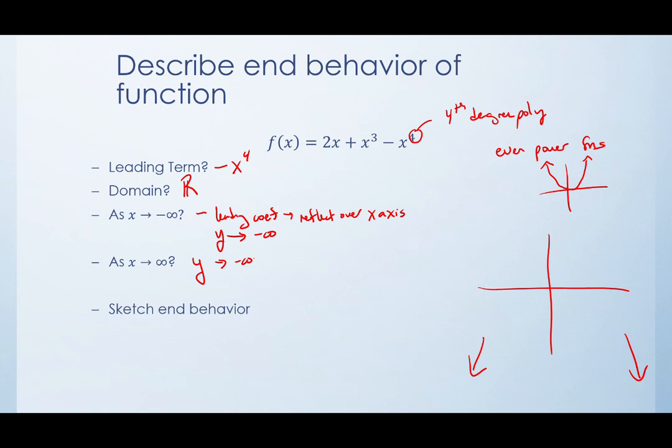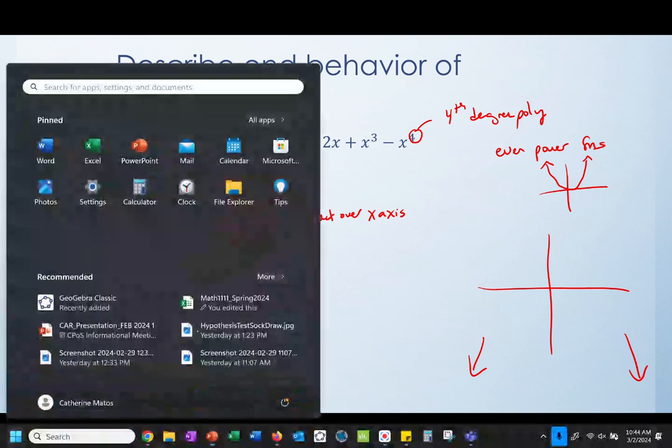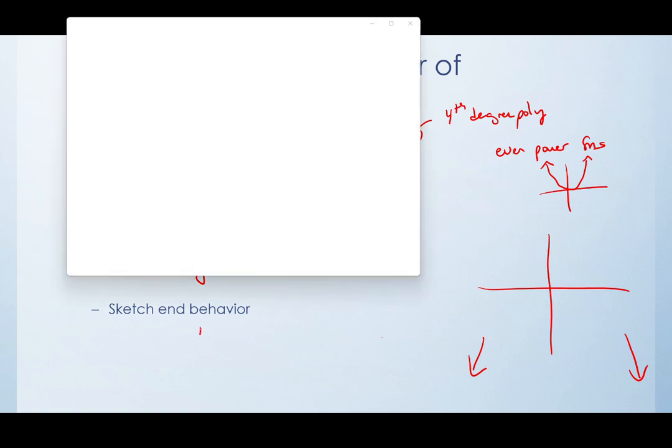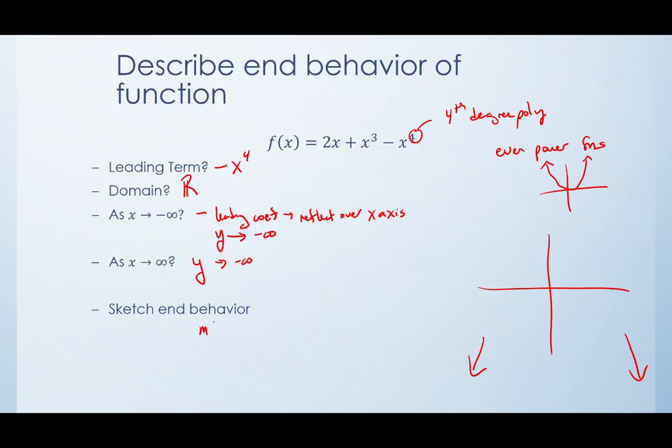And to sketch end behavior, well, I already did that, but we know we have a max of 4 zeros and 3 turning points. We actually do know one of the zeros here, because every one of these terms has an x in it, so I can factor that out.